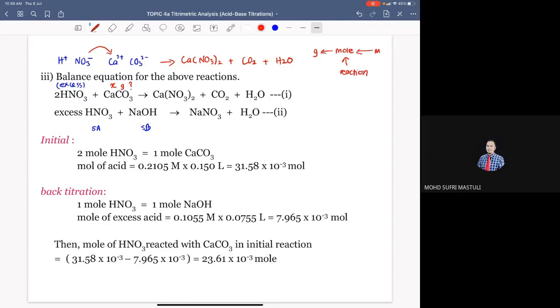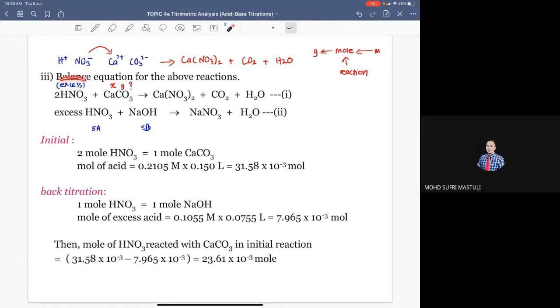Okay, so here we know this nitric acid will be reacted with this calcium carbonate. So when we know this mole, we can calculate this mole. But the problem now, this mole is in excess amount.